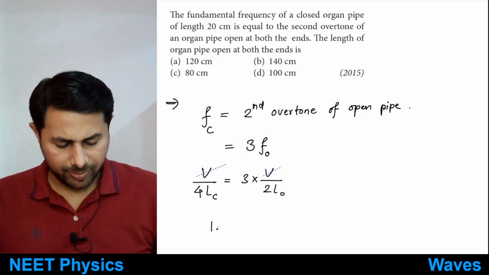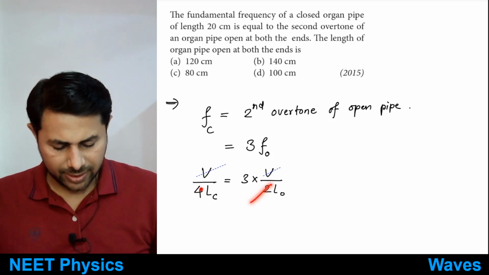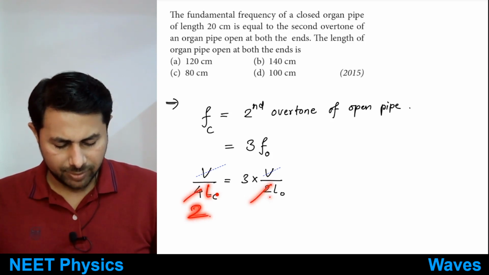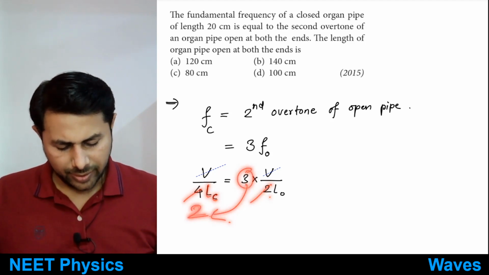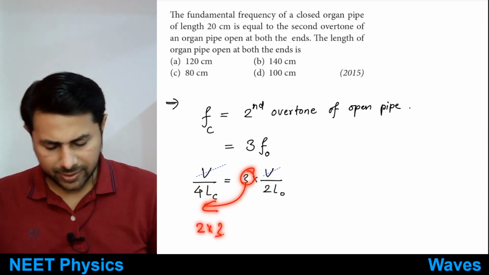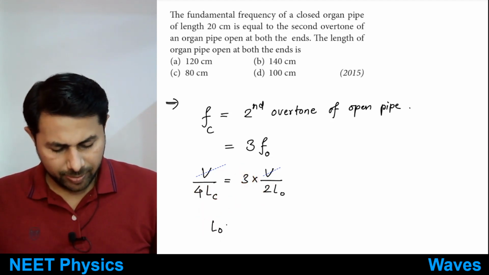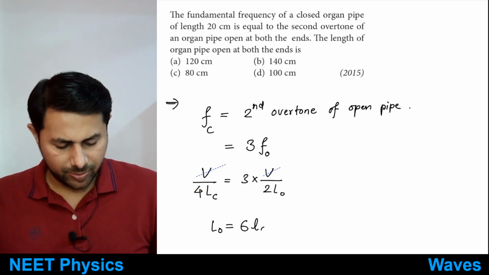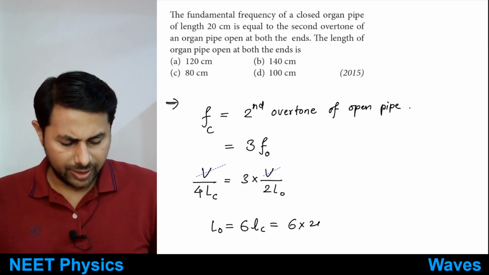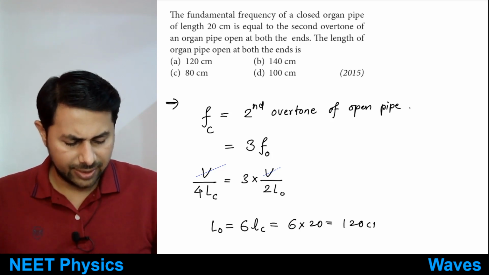Cancel out that 4 with this 2, so 2 will remain here. So it is 2 times LC, and this 3 will go in the denominator on that side, so it is 2 times 3, which means 6. So the length of the open pipe is 6 times the length of the closed pipe, that is 6 times 20, which means 120 centimeter.